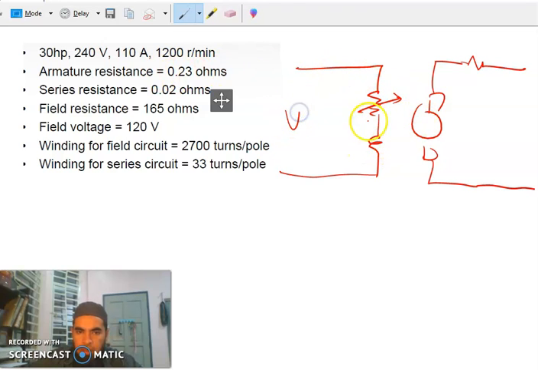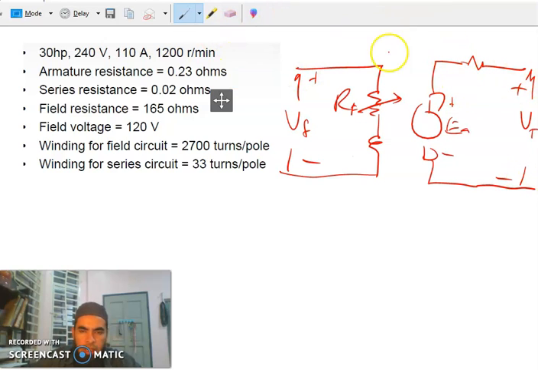This is your RF, this is your VF, this is your VT, and this is your EA, with positive and negative symbols here. So we are putting all the data inside the schematic.